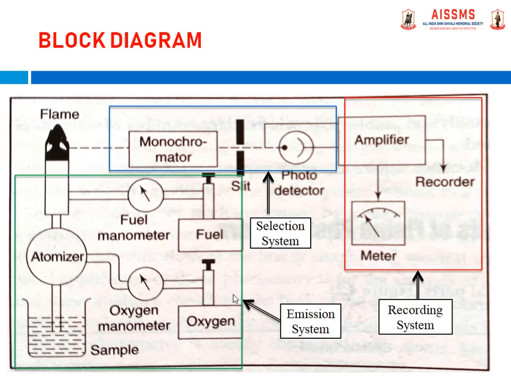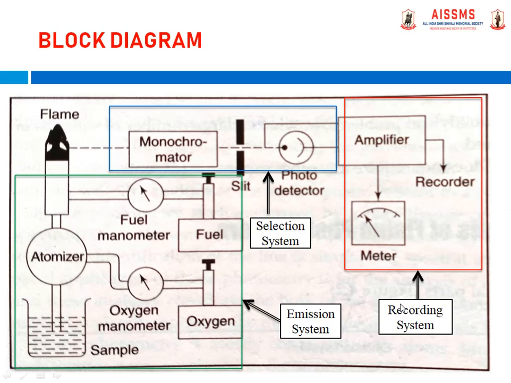This is the block diagram of flame photometer, which consists of three parts. Part 1, emission system, consists of sample, atomizer, fuel supply and oxygen supply. Part 2, selection system, consists of monochromator, slit and photodetector.